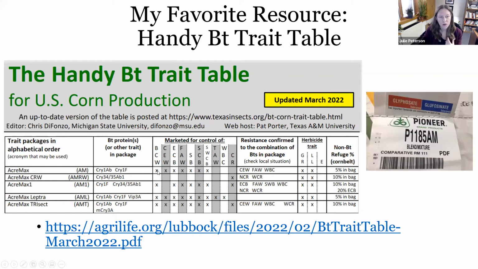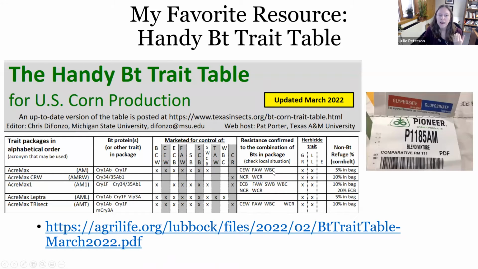This is telling you which different insects that product is marketed for the control of. So this one in particular would have black cutworm, corn earworm, European corn borer, fall armyworm, and several other types of caterpillars.